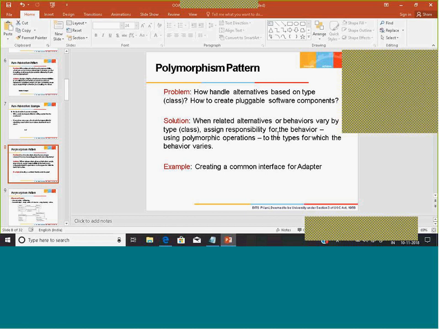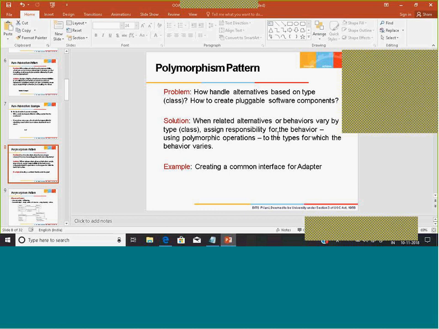One example of this polymorphism pattern is the common interface that we create for the adapter pattern, or the common interface that we create for the observer pattern. The polymorphism pattern explains almost the same concept that we understood using coding to an interface. If there are alternatives which might vary depending upon the type of the class, always assign responsibility for the behavior.